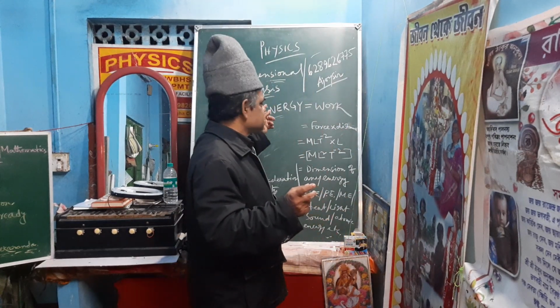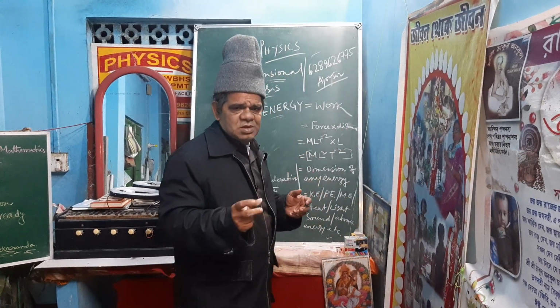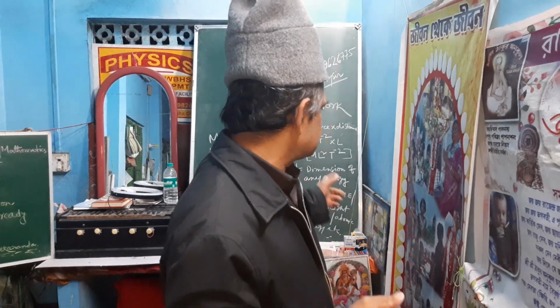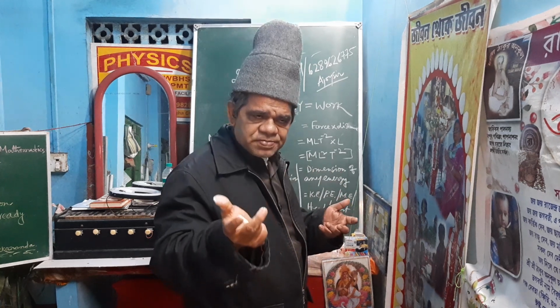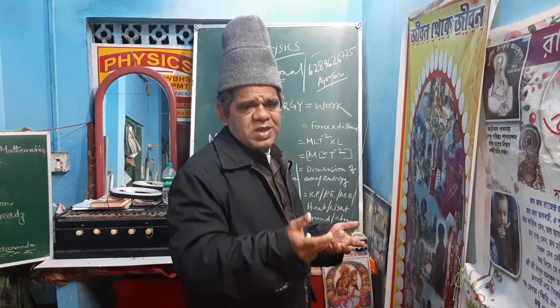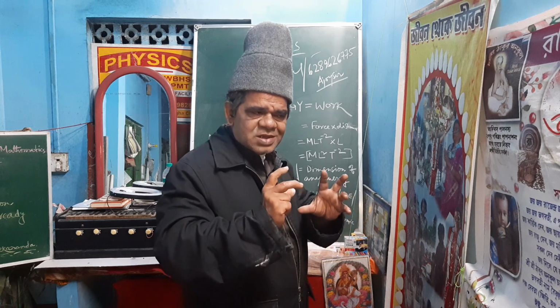That's why I have discussed a physical quantity, energy. How can we get the dimension of this energy? Other physical quantities you may find out this way by using the exact relation between the physical quantities.